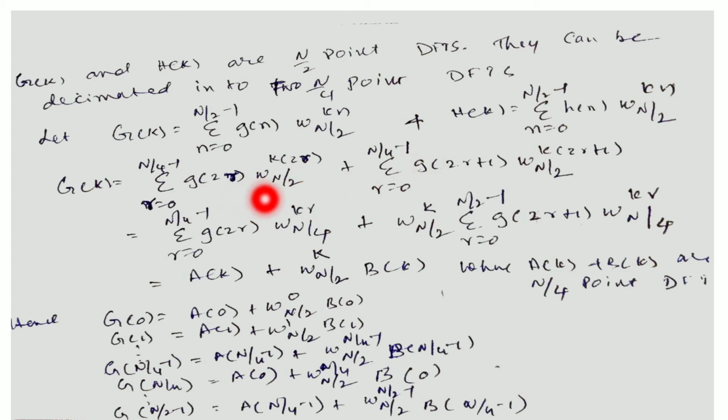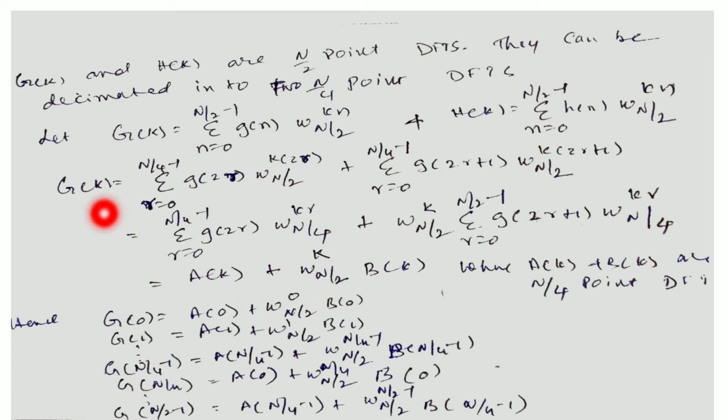Therefore, repeating the procedure we have done earlier, we are replacing n with 2r in the first term, and we are replacing n with 2r plus 1 in the second term, and subsequently we are able to get summation g of 2r wn by 4 power kr with r equal to 0 to n by 4 minus 1, and similarly for the second term we get wn by 2 power k summation g of 2r plus 1 wn by 4 power kr with r equal to 0 to n by 4 minus 1.